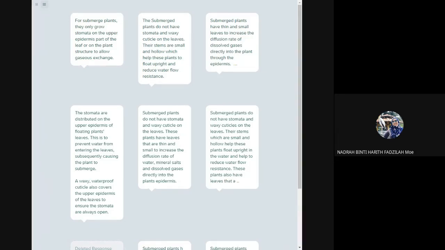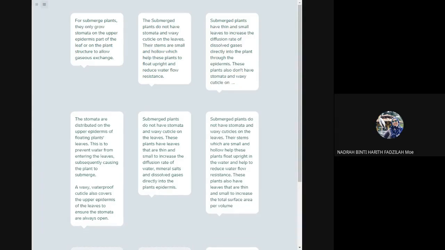Okay. Saya setuju dengan statement Nurin yang first. Nurin kata submerged plants do not have stomata and waxy cuticle on the leaf. Yes, very good. So that is the stark difference between submerged dengan floating plants lah.